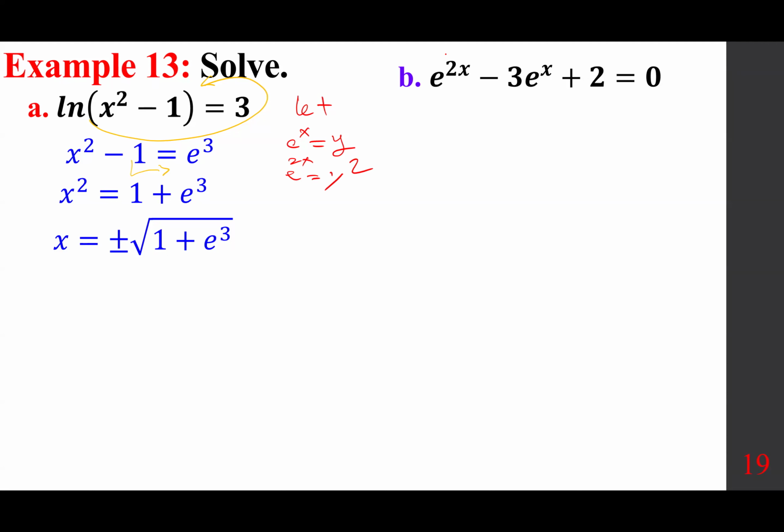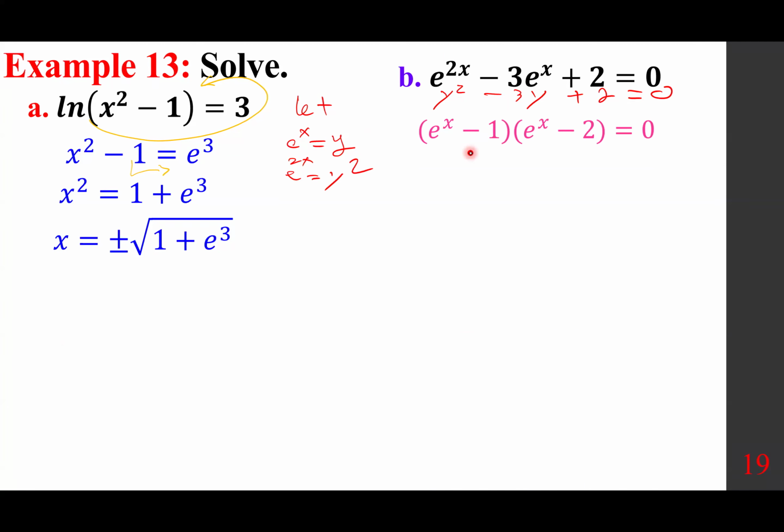So you're dealing with y squared minus 3y plus 2 equal to 0. So you want two numbers, the product is 2, the sum is -3, makes it -1 and -2. So you can say y minus 1, y minus 2, and remember y is e to the power of x. So you can do the substitution, no need for that, it's up to you.